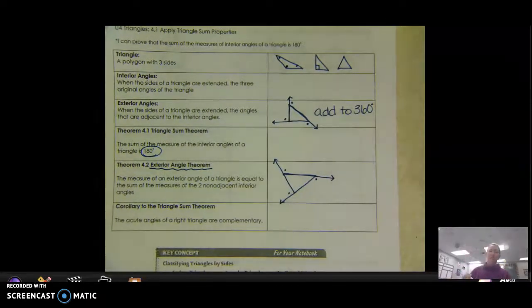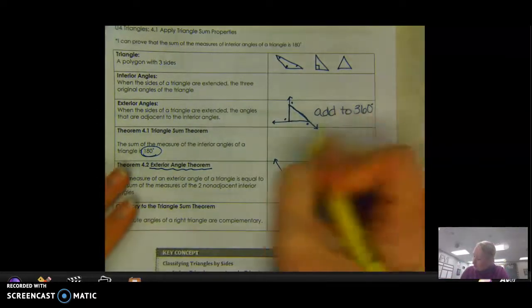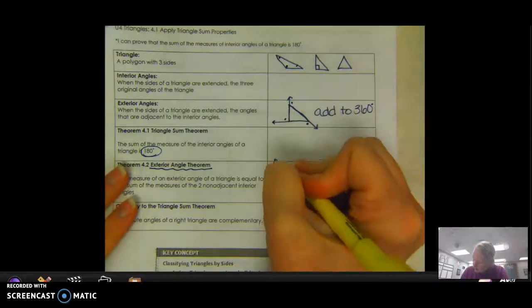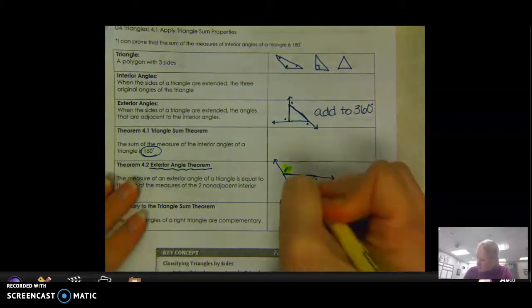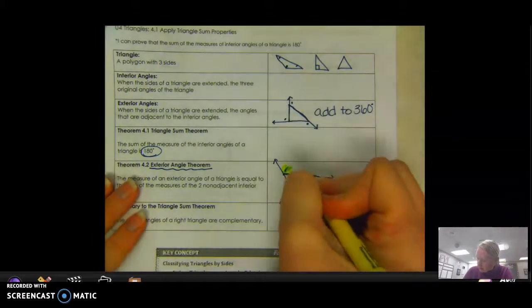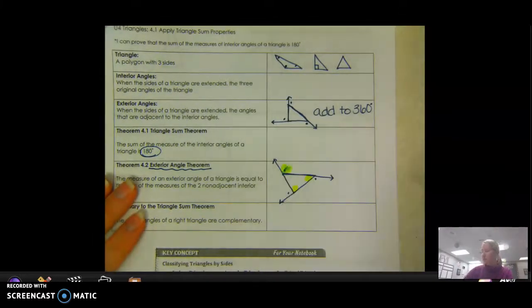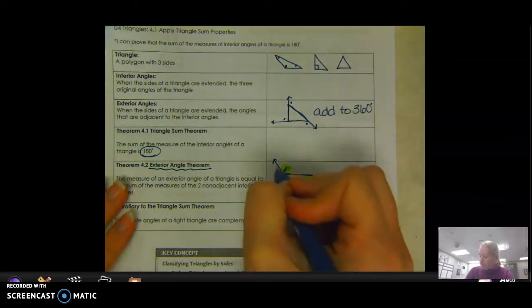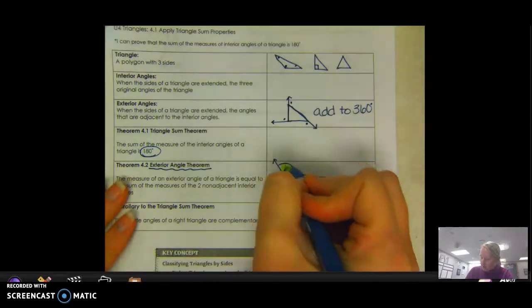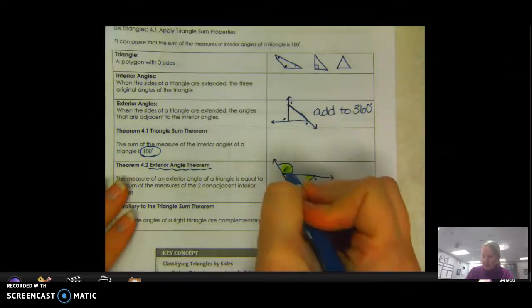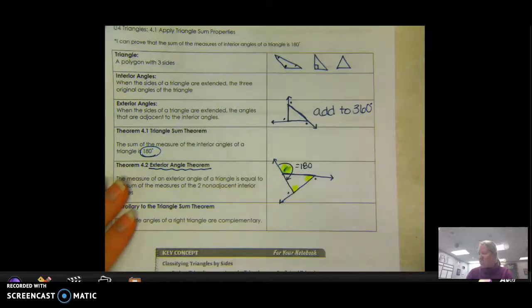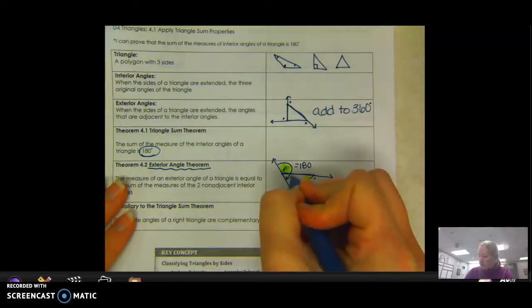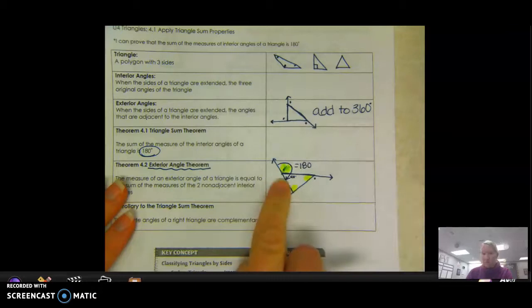What this theorem is stating is, let's just talk about this exterior angle. It doesn't matter which one I pick. That exterior angle is equal to this interior plus this interior. The reason is, this interior with this exterior equals 180, right? Let's say this interior was 40 degrees.